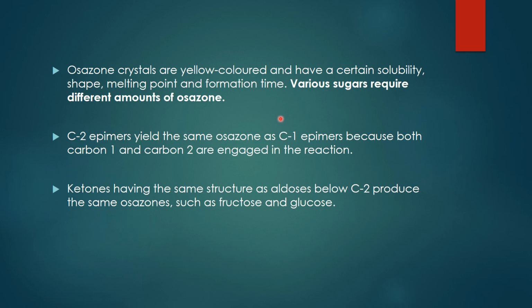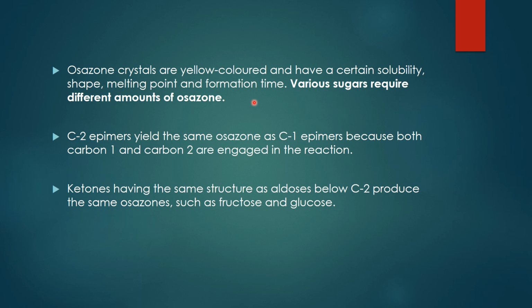Through that we can distinguish between the different reducing sugars. We will say these crystals are for glucose, or these for lactose, or these for maltose, and so on, according to the shape of the oxazone crystals, melting point, and formation time, because they differ from one sugar to another.